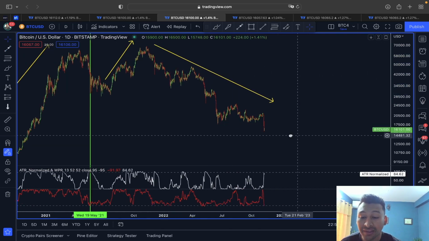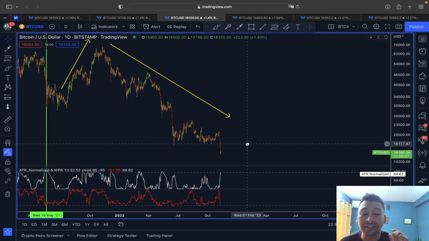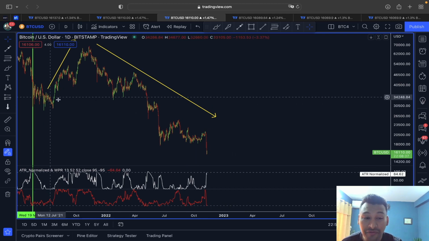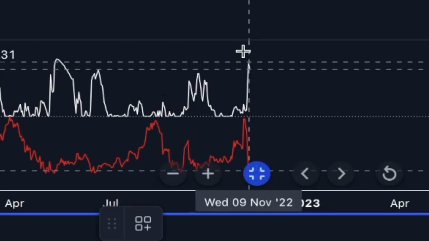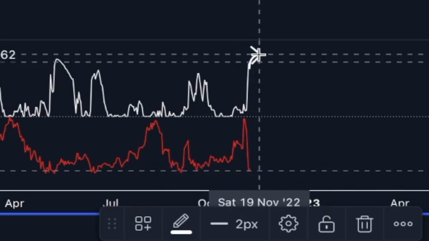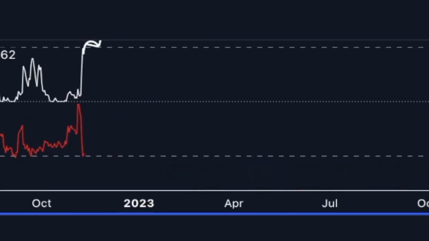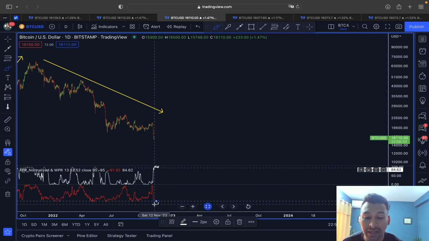So this ATR normalized Williams Percent Range indicator is still very quiet. When does this indicator confirm the bottom? When the ATR normalized appears properly above plus 95, and at the same time the Williams Percent Range is around minus 95.